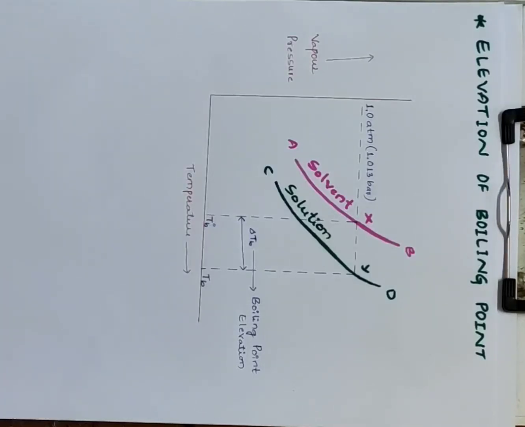Hello students, in today's class we shall discuss the elevation of boiling point. So in previous classes we have studied that the vapor pressure of pure solvent is always greater than the vapor pressure of the solution, because if the solute is non-volatile in nature, it reduces the escaping tendency of the solvent particles into the vapor phase.